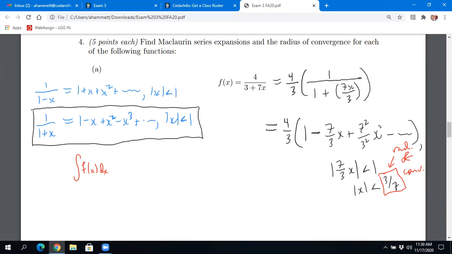What is the antiderivative of 4 over 3 plus 7x? 4, okay, so 4 times, or actually it's 4/7 times the natural log of what? 3 plus 7x. Right? Plus some kind of constant or something. Yeah? Does that make sense?